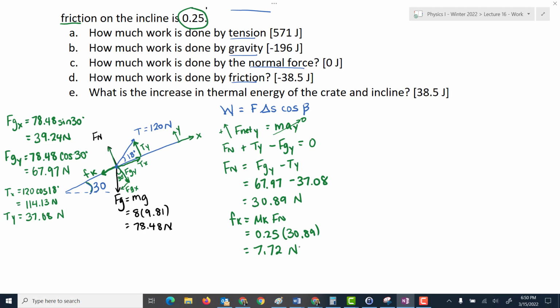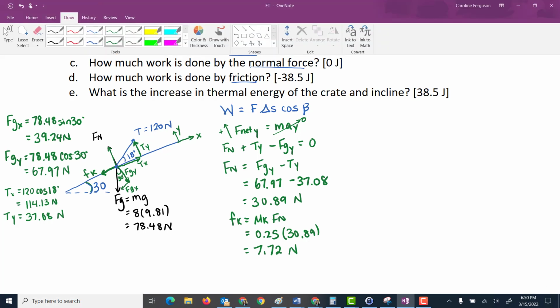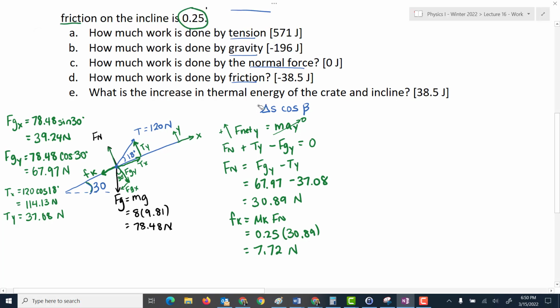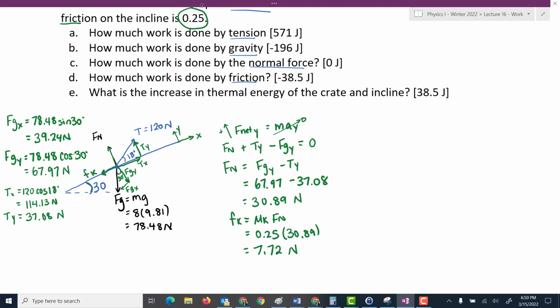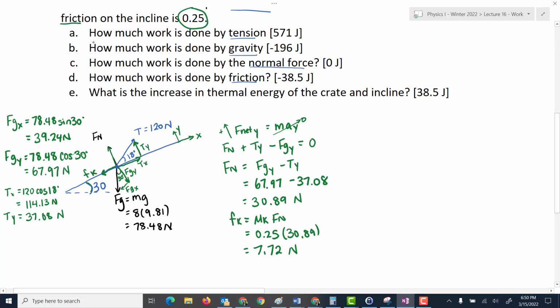Okay, so now I know what all my forces are on my free body diagram. So now we can go ahead and start answering the question. I'm going to rewrite this on the side. Okay, let's start with A. Again, the work equation is force times displacement times cos of the angle between the force and the displacement. A is asking how much work is done by tension.